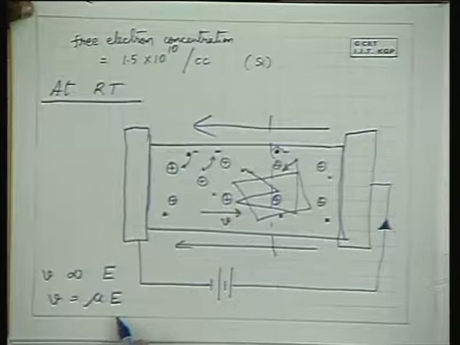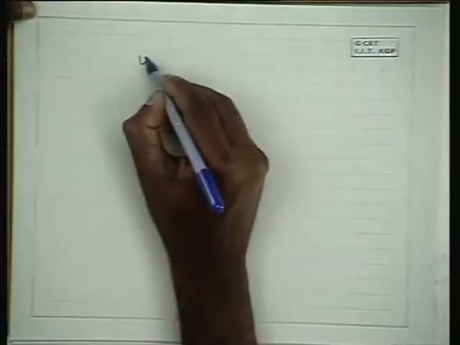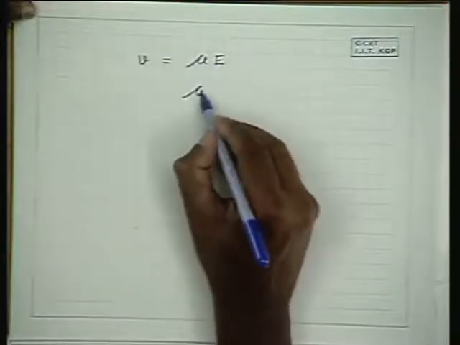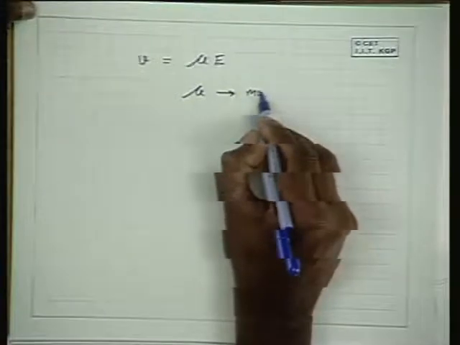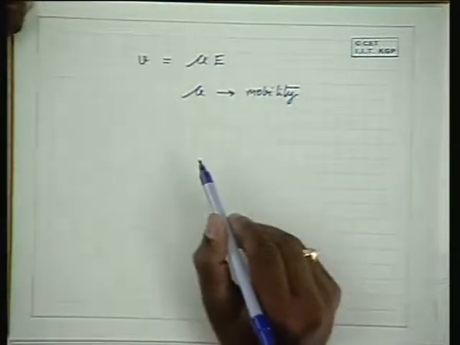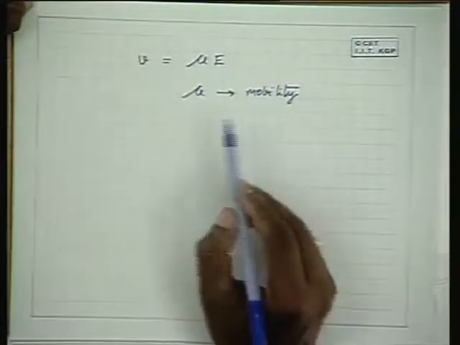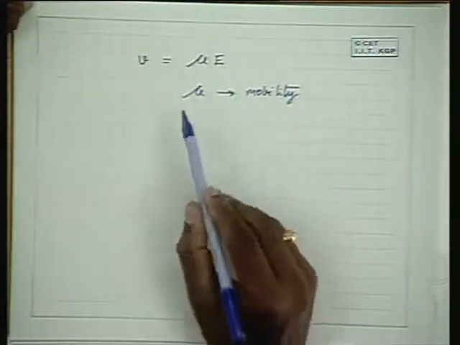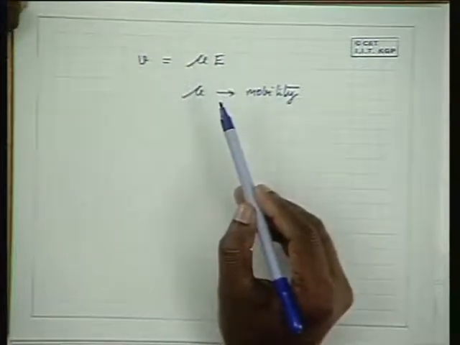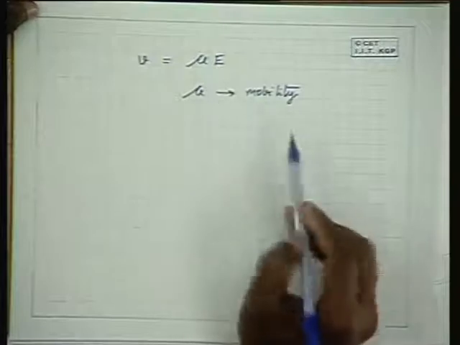Okay, so mu is known as the mobility. Under the present example, mu is the mobility of an electron, because it concerns the ability to move under the influence of a field. It is known as mobility.